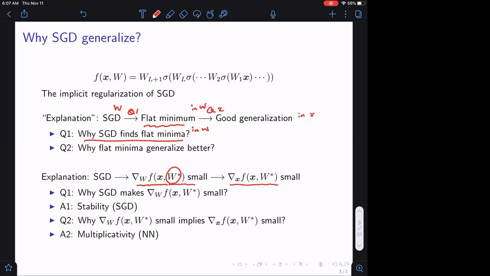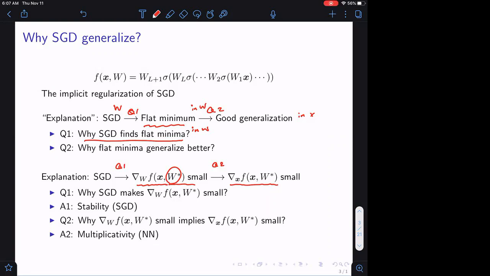Okay. So what we have done here is make question 1 and question 2 more precise, because we get rid of words like flatness and generalization, which can have different meanings, and replace them with much more precise statements about the bound on the W derivative and the bound on the X derivative.